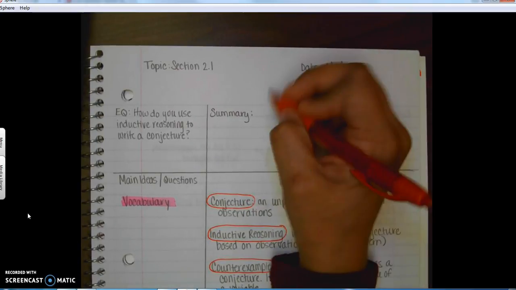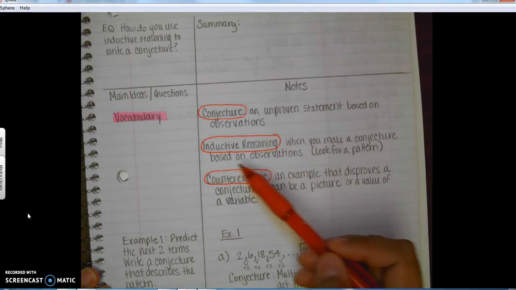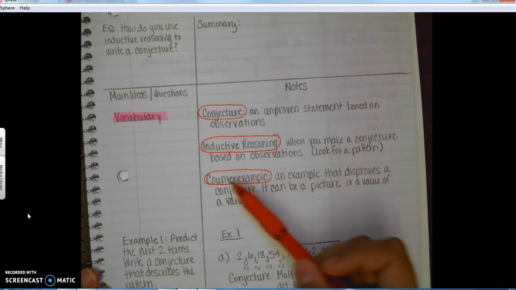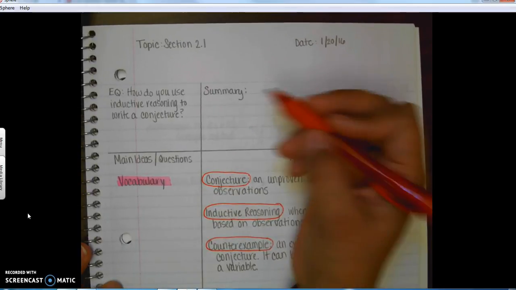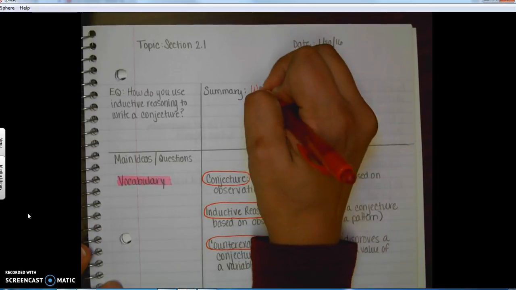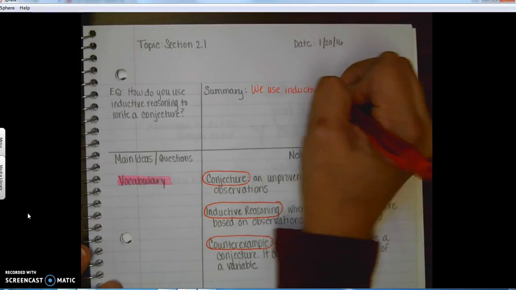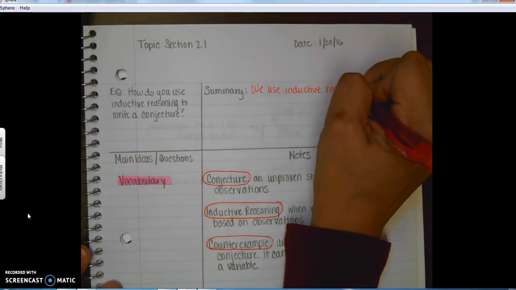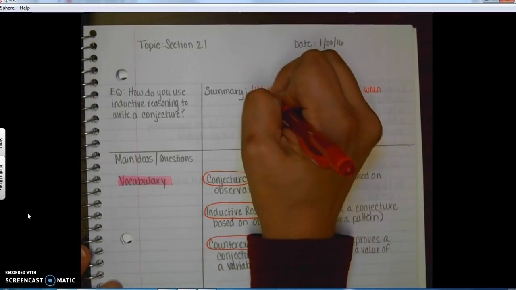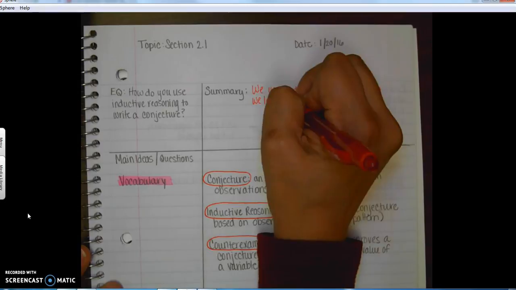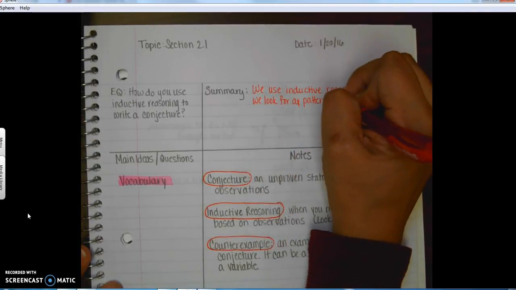So they would write something like, we look down here at conjecture. It was an unproven statement based on observations. Inductive reasoning is when you make a conjecture based on observations. We're looking for a pattern. So they may say something like, we use inductive reasoning when we look for a pattern, and then make a conjecture based on that.